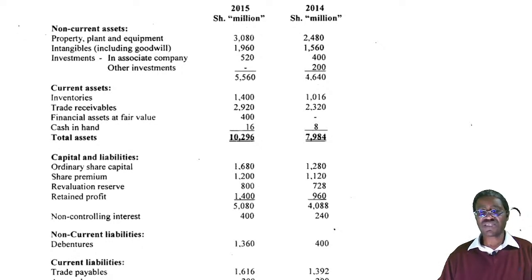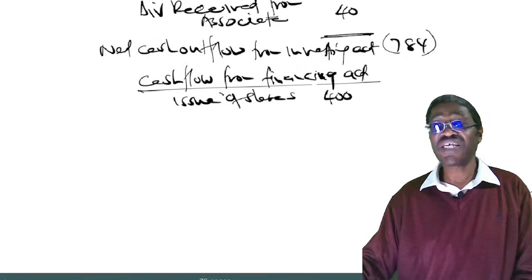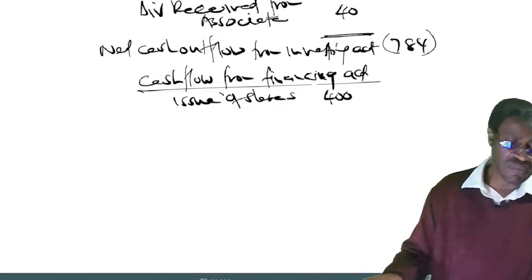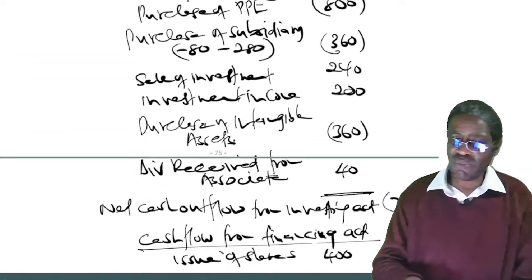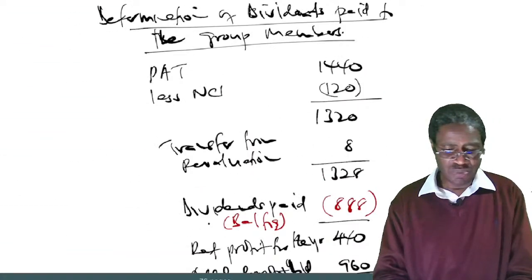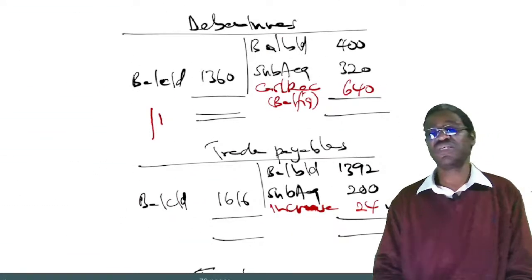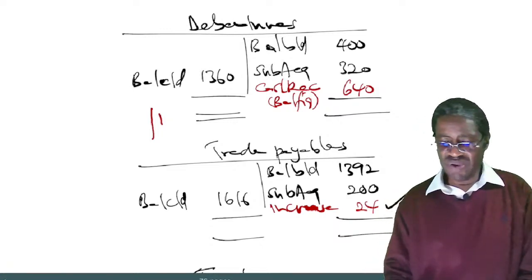Then there is that debenture. Are you seeing the debenture there? Yes. So let's go to where we analyzed the account of debenture. I remember we had to analyze the account of debenture also. Good, it's here. I can see the debenture account.